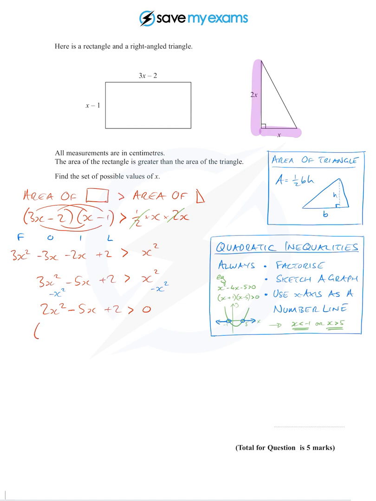So the first thing I need to do is factorize. Now, although this is a slightly difficult one, actually, there isn't much choice in what I can do. I've got 2x squared, so that's 2x times 2, and I've also got 2 at the other end. And given I've got a minus sign in the middle, that must be minus 2 times minus 1.